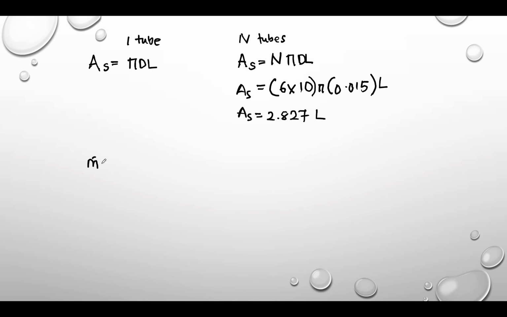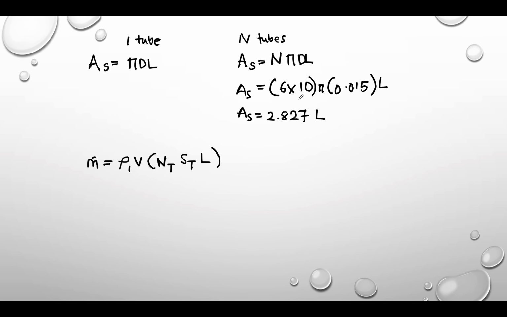Then we have to find the mass flow rate. Mass flow rate is equal to rho times V times NT times ST times L. NT is the number of columns. It is not rows but columns. At this point, your number of columns is 10.